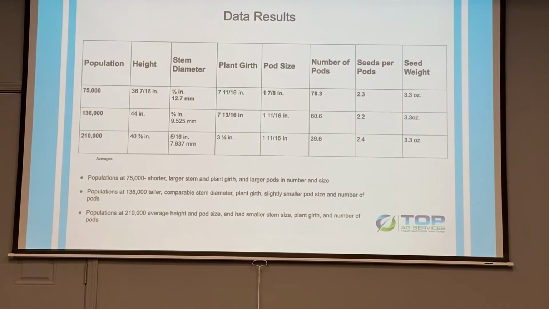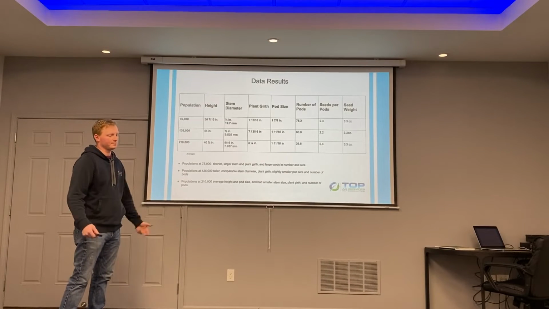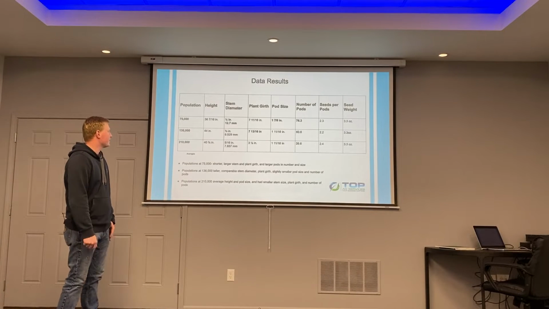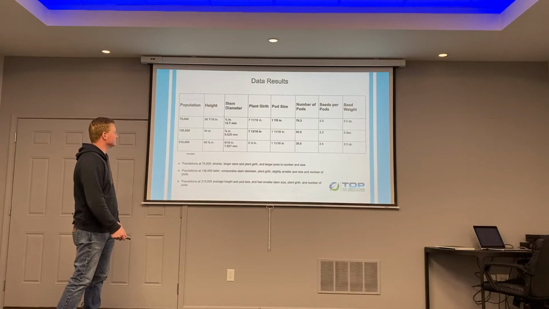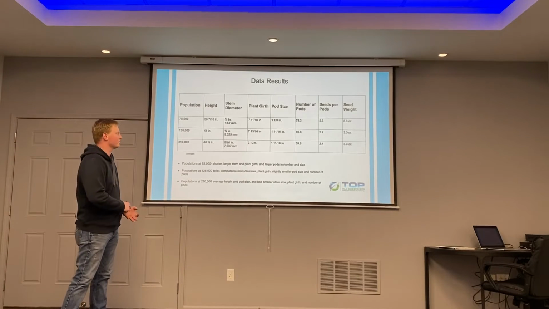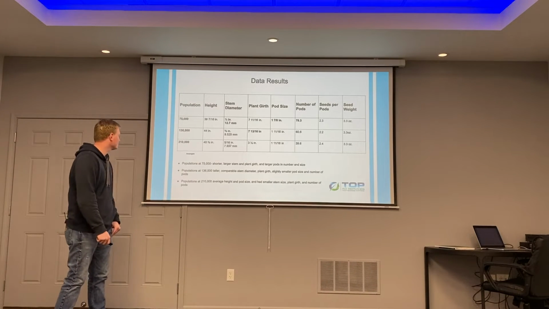It did exceed in height and plant girth. Those could be anomalies just based on where they were positioned in the field. And then the 210,000 came in at the higher range in height, but in the lower range on stem diameter, plant girth, pod size, number of pods, and seeds per pod.